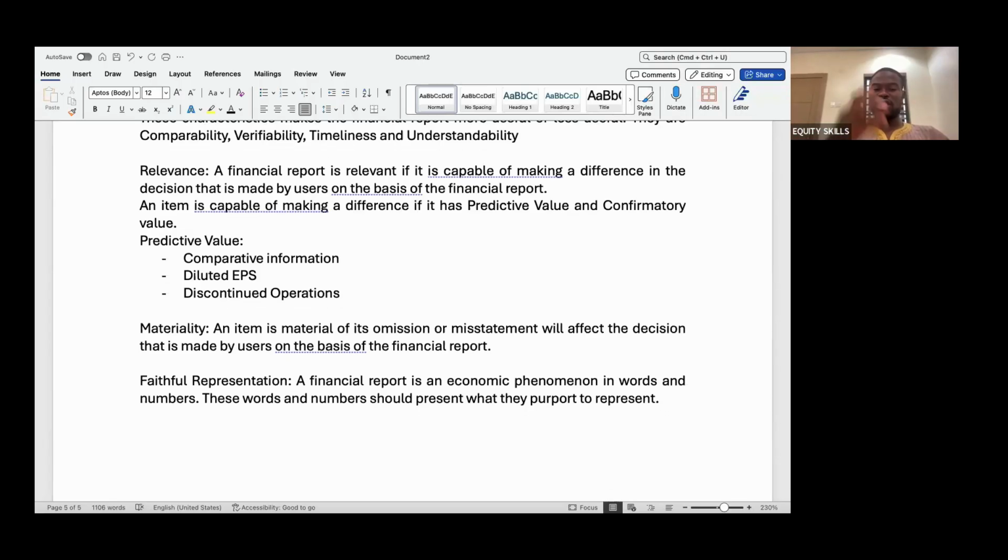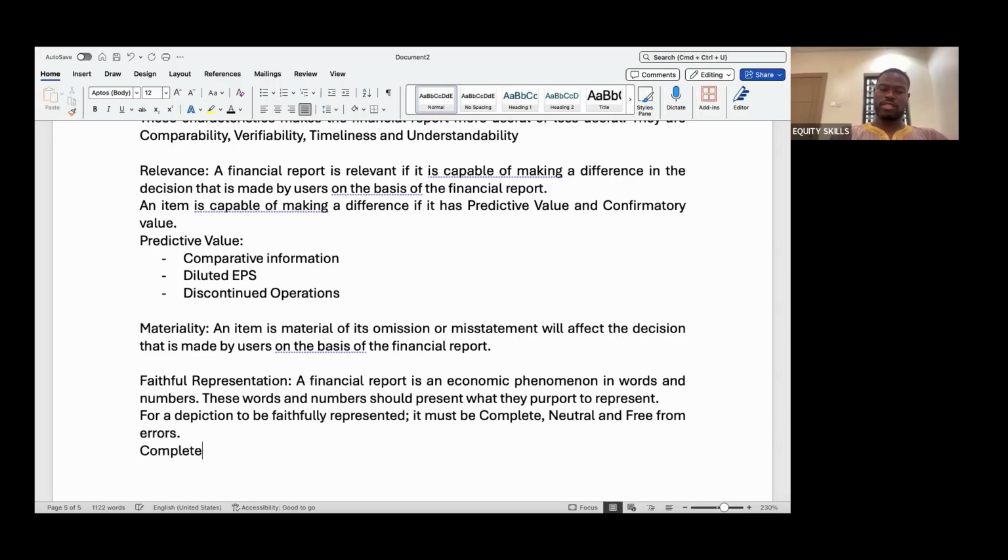So, you see, these words and numbers, let me call them depiction, because it's a depiction of your company. So for a depiction to be faithfully represented, it must be complete, it must be neutral, and it must be free from errors.